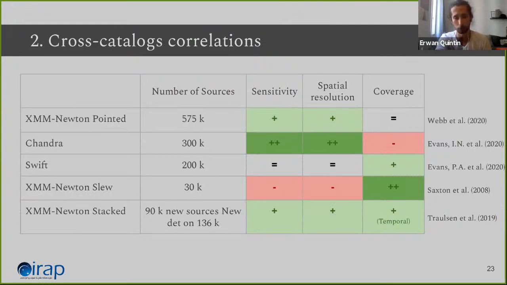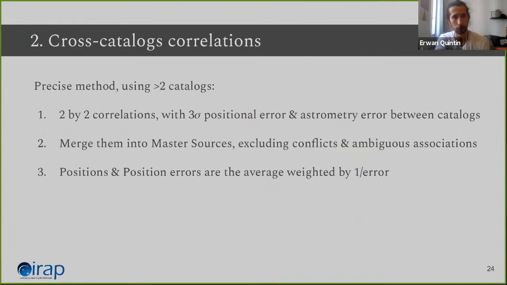All those catalogs complement each other. The precise method we used was to compute the pairings, so the 2 by 2 correlations of those catalogs, taking into account the positional error and the astrometry error between the catalogs. Then we merged those pairings into what we call a master source, which should correspond to a single astrophysical source.